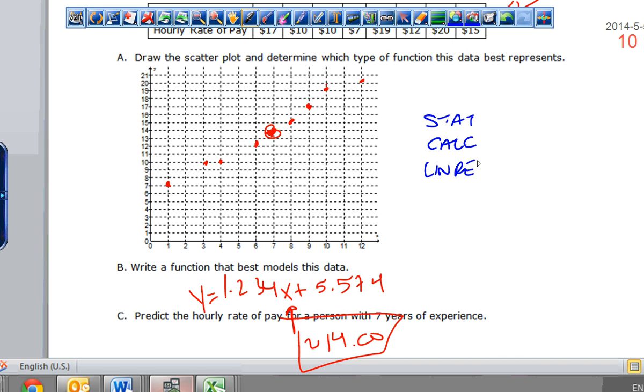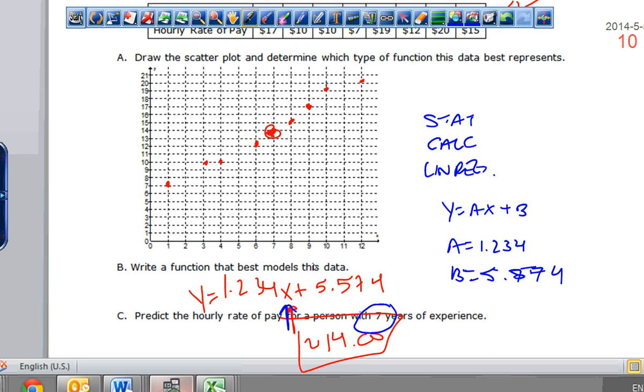I think that's number 4. And so you should get y equals ax plus b, and it tells you that A is 1.234 and B is 5.574. And then for C, you can either take 7 and put it into the equation right there, or you can just look at 7, it's about 14 of where it would be.